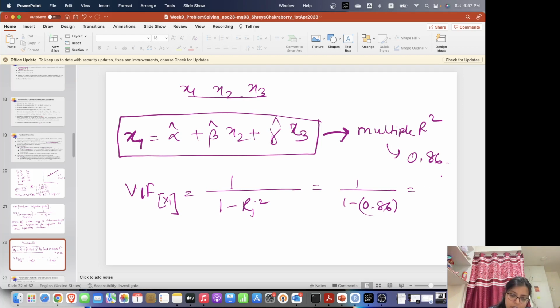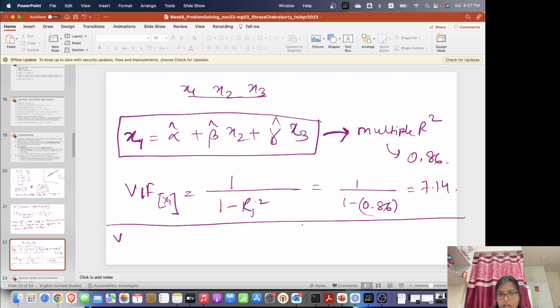Can you calculate? So it will be something like 7.14. Yes, 7.14.